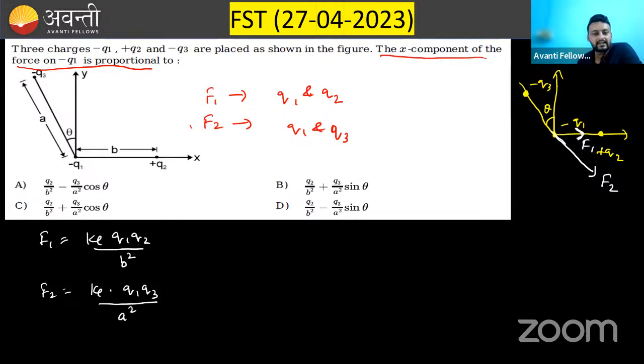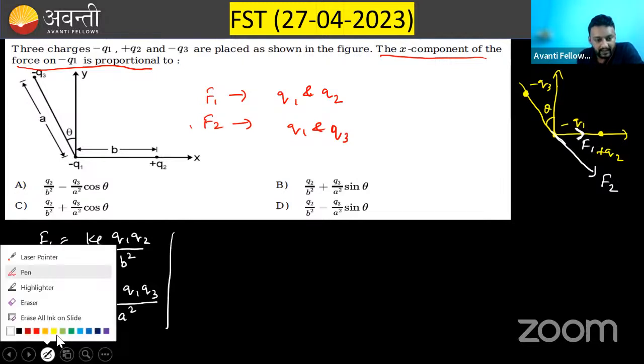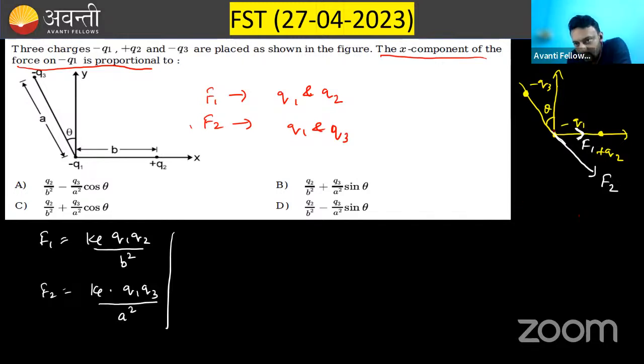After knowing F1 and F2, they are saying X component of force. That means you need to do the components here. And if I do the components, you can see that this is y-axis. So this angle will also be theta. So this component will be F2 cos theta, and this component will be F2 sine theta.